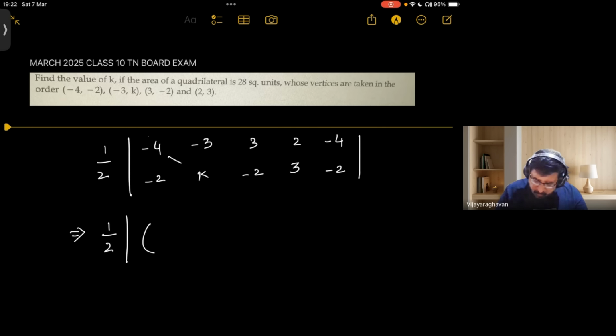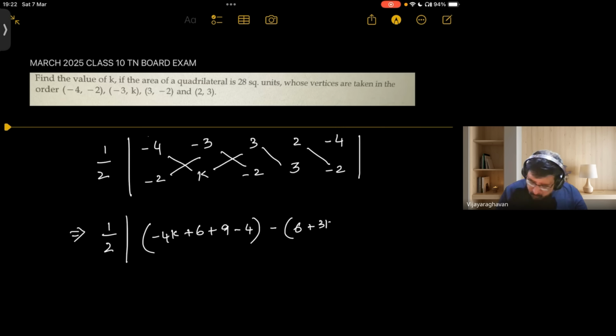See, this one is minus 4k plus 6 plus 9 minus 4, minus half 6 plus 3k minus 4 minus 12 equals 28.